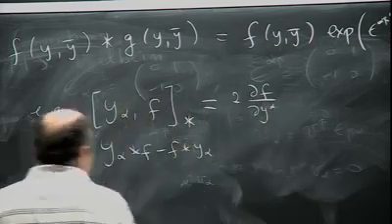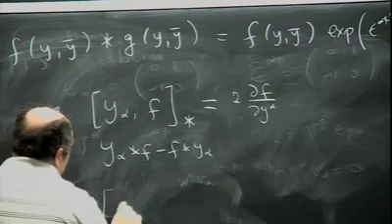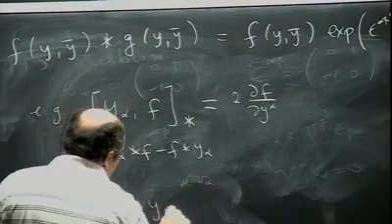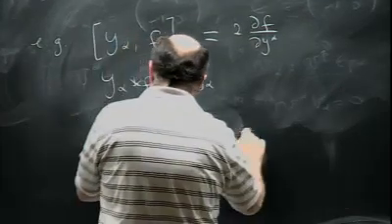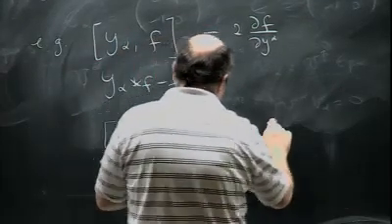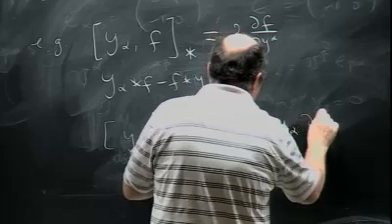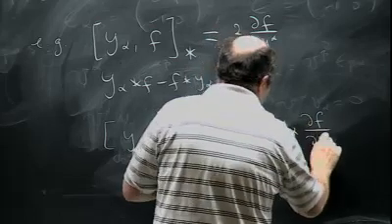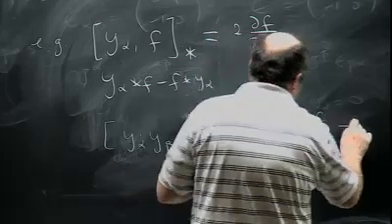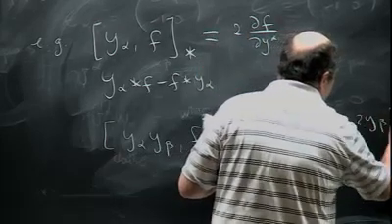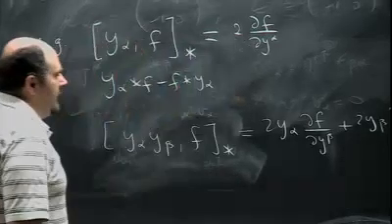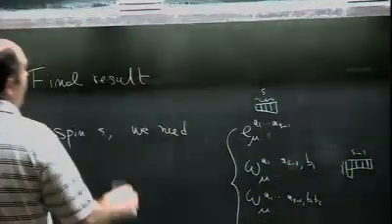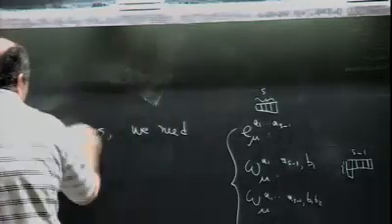Similar identities you can get for bilinears. Here you get 2 y alpha df dy beta plus 2 y beta df dy alpha. If you want to have fun for 3 minutes, you can try to check them.